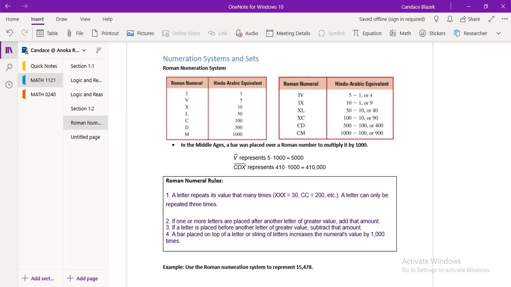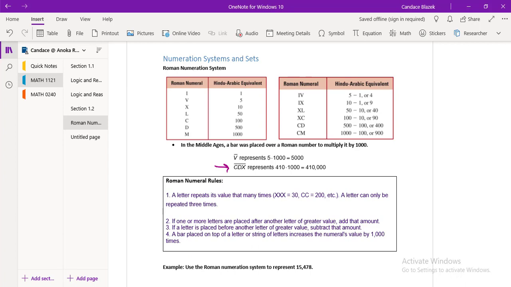We can do that with 9. X before L is 10 before 50, so we get 50 minus 10 is 40. And X before C is 10 less than C, so 100 minus 10 is 90.